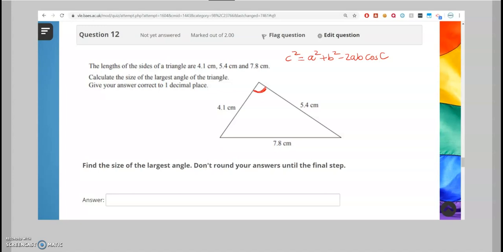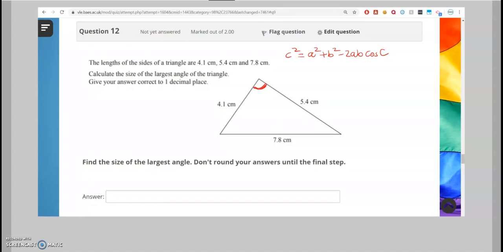So we've got to label these lengths and angles first. Since we're interested in this angle and the version that we have here is cos C, we'll label this angle as C, and this means that this is side c. The other two can be any of them, a or b, it doesn't really matter.